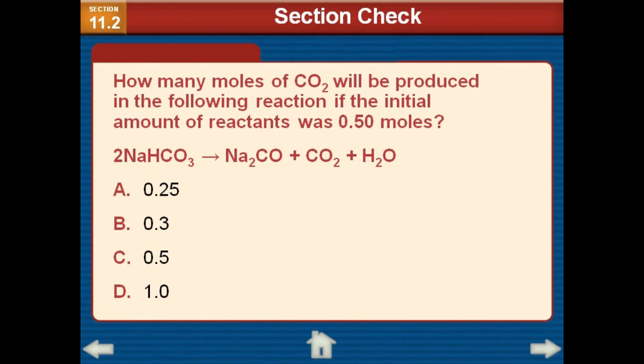How many moles of carbon dioxide will be produced in the following reaction if the initial amount of reactants was 0.50 moles? The reaction is 2 moles of sodium bicarbonate yield 1 mole of sodium oxalate plus carbon dioxide plus H2O.